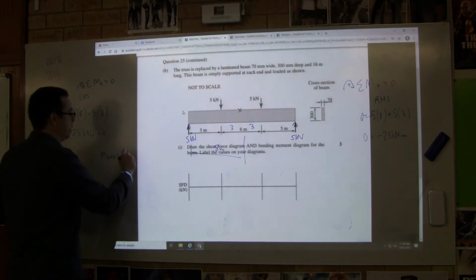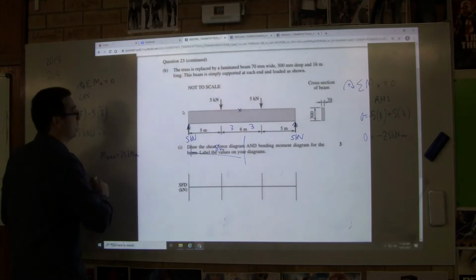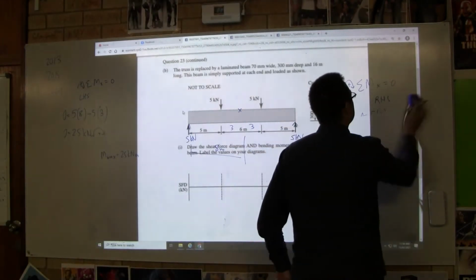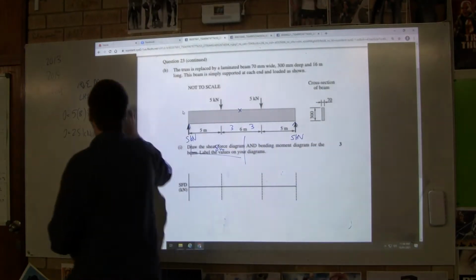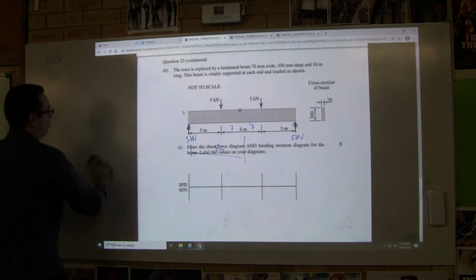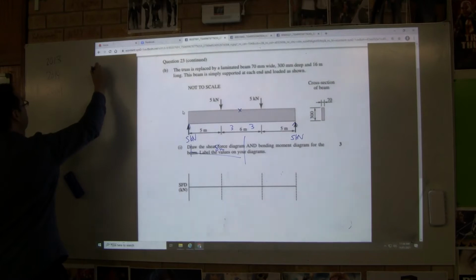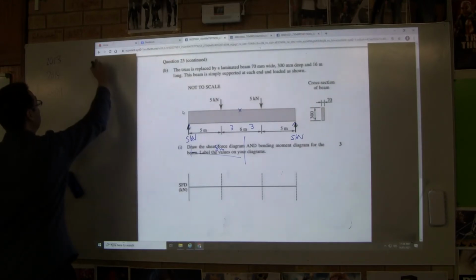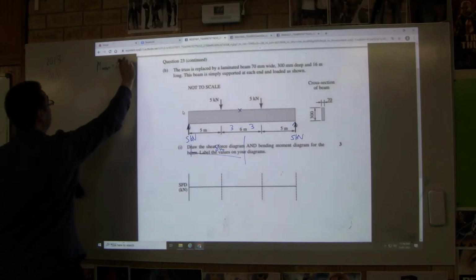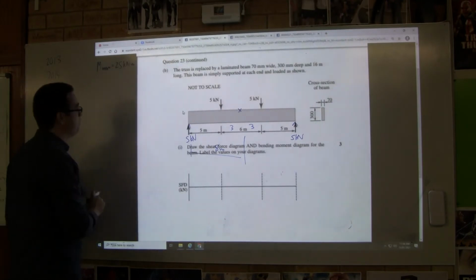We're going to use kilonewton meters, and then we're going to convert it. Where I probably should have started is, okay, let's go back a step. I'll write that down just so I don't forget it. M max equals 25 kilonewton meters.